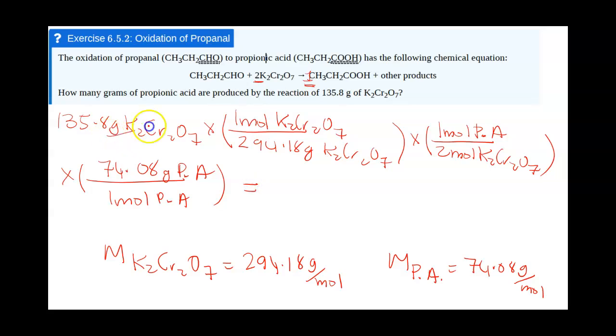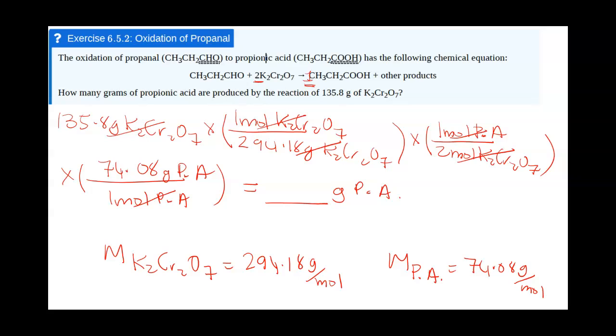And if I check my units, the only unit that should remain is grams of propionic acid, and I can go ahead and put that into my calculator. So 135.8 times 1 over 294.18 times 1 over 2 times 74.08.